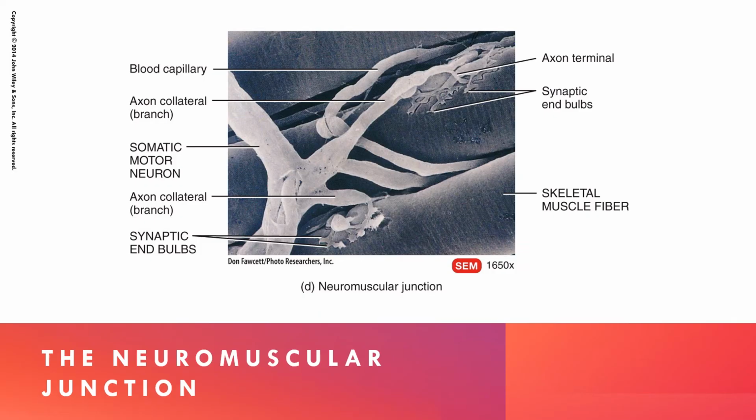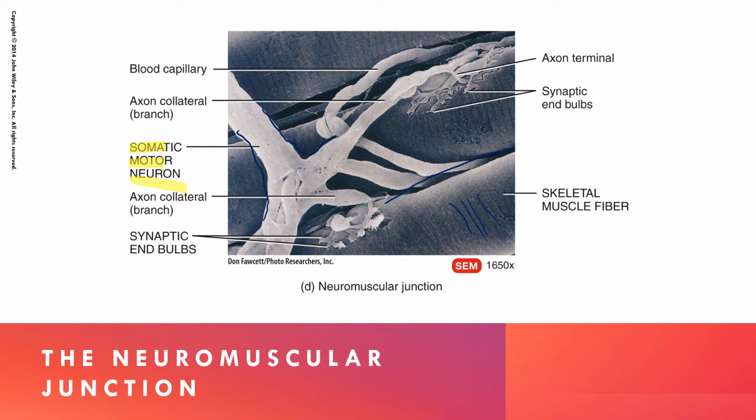So here is actually what a neuromuscular junction looks like from an electron micrograph. So here you can see the neuron here, this somatic motor neuron, just labeled there. It's going to be this big lighter colored thing. And you can actually see these muscle fibers here. They're actually striated, you could see.